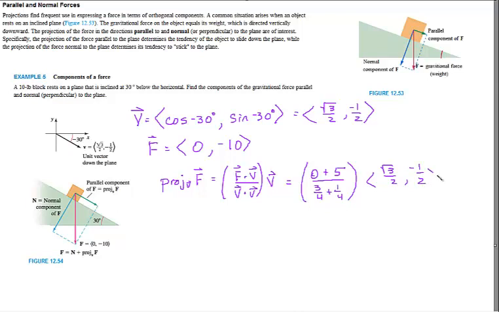So when I project that force onto V, I get 5 times square root of 3 over 2, -1/2.